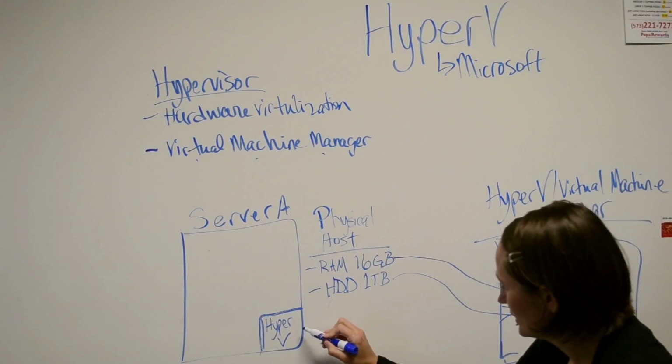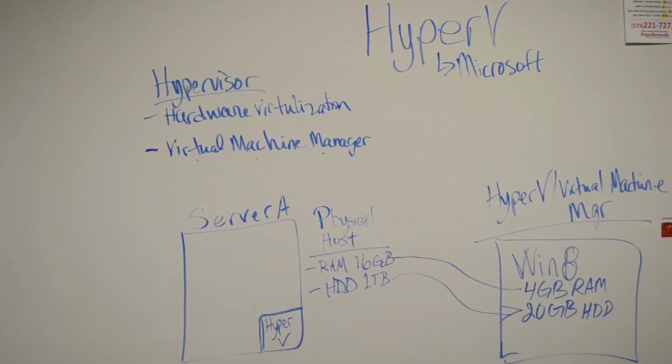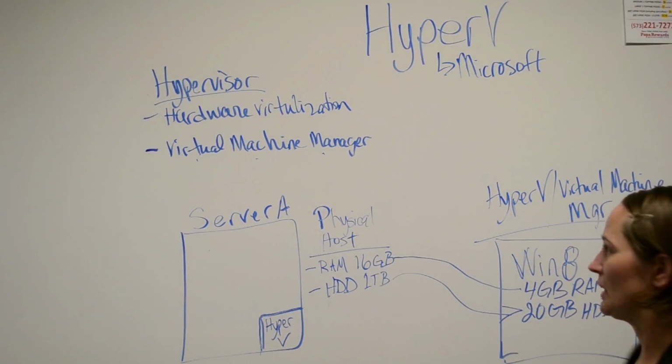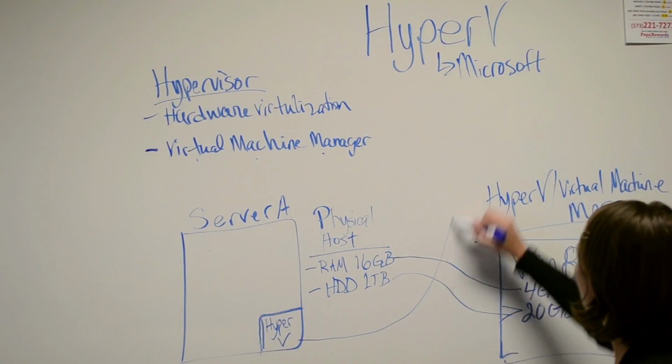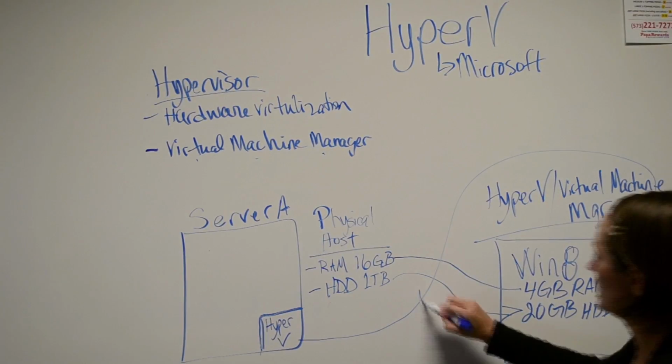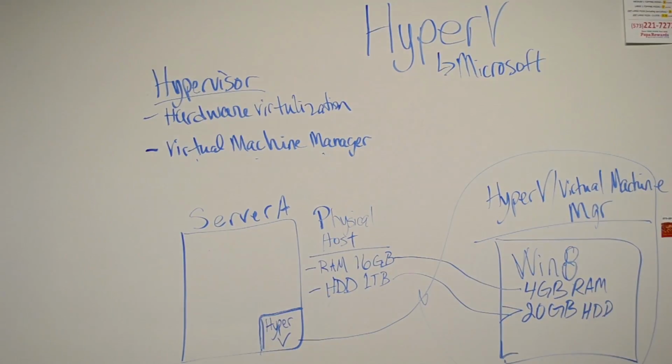And your Hyper-V starts really working for you when you actually start putting the virtual machines on the system. Otherwise, it just sits there and does nothing and just takes up that little bit of space. So this over here is kind of your big picture of that little spot there.